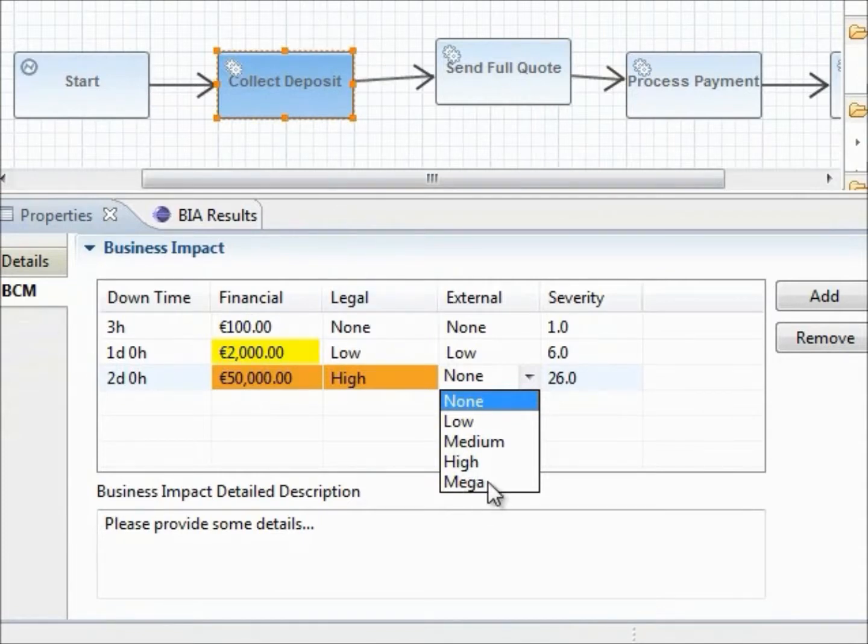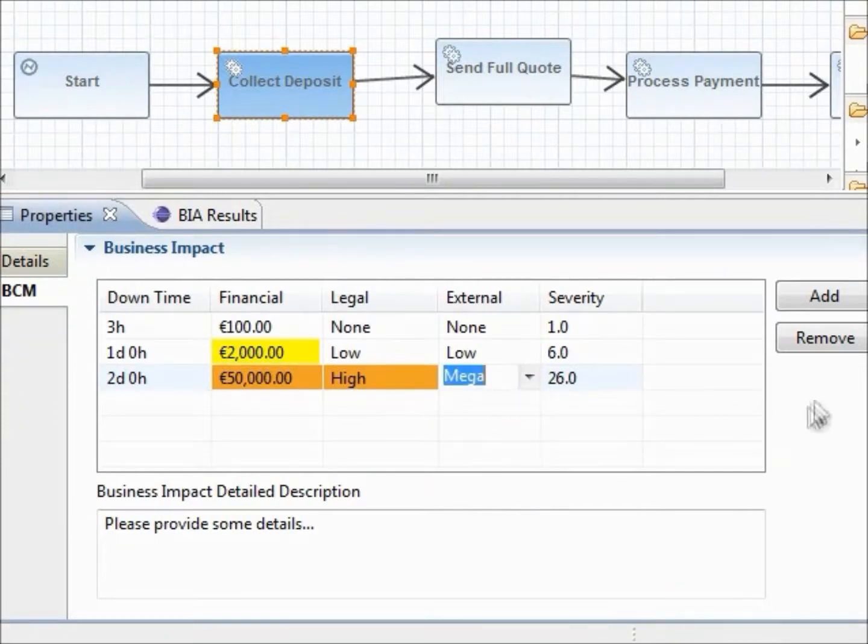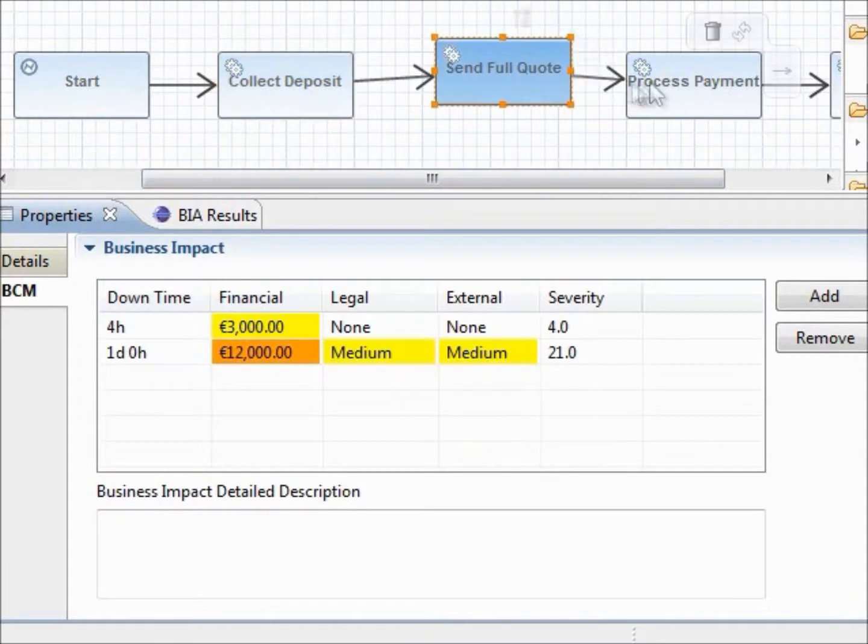Take collect deposit. Who is needed for this particular process activity? Here we were looking into the Japan scenario, when we had an earthquake there and people were unable to work. So staff is working against this activity. We need Japan staff, and they are also accessing a third-party service, which is a credit check, again a simple example. For each activity, you have different resources that are needed.